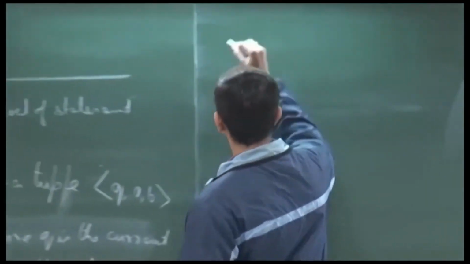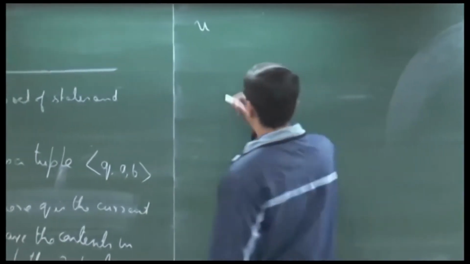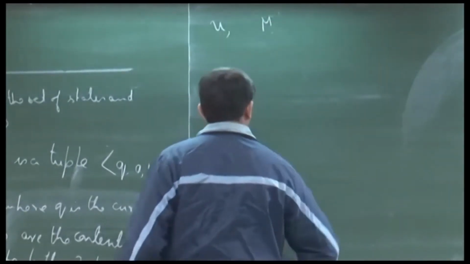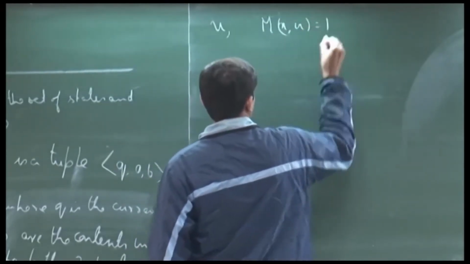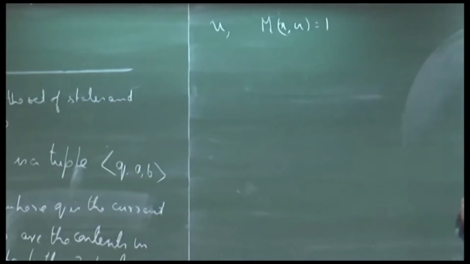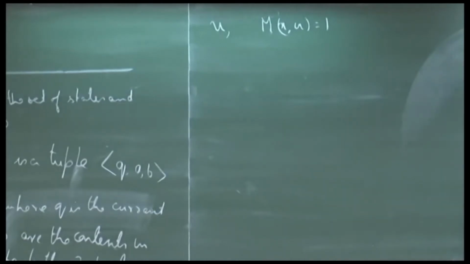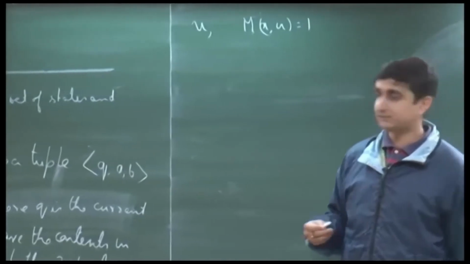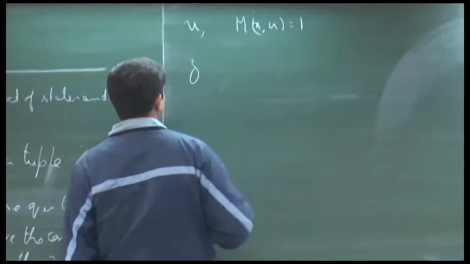Suppose somebody gives you a string u which has the property that M(x, u) is equal to 1. In other words, suppose somebody gives a correct certificate, and as evidence that it is a correct certificate, he gives a sequence of snapshots. Okay. So, let me denote a snapshot by the symbol z.